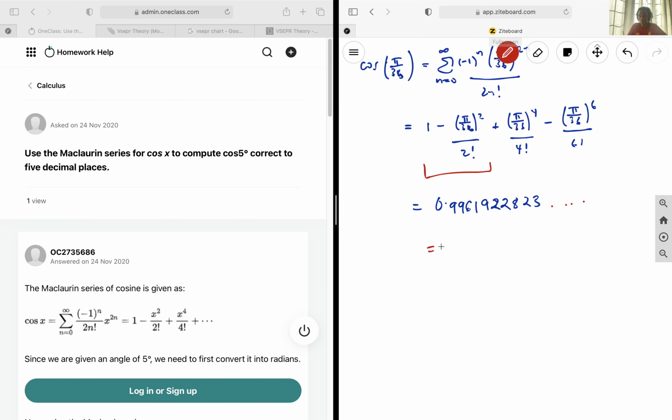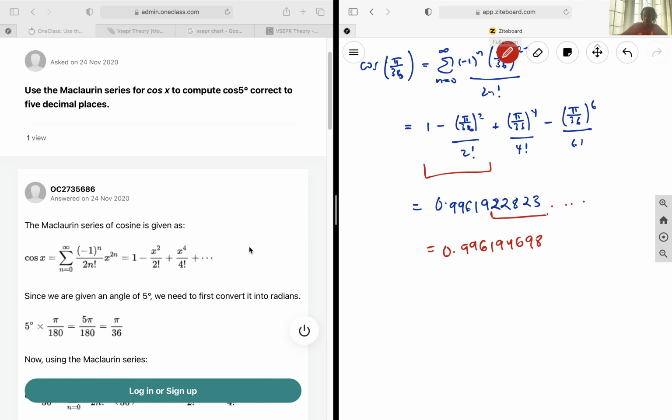And actually, when you plug cos of 5 degrees into your calculator really quickly, you will get 0.996194698. And so we see that it's the same until here, and the reasoning why is because we just made an approximation by getting rid of the rest of the terms that would have made it correct to that point. And so this is going to be your final answer. So it's best to just leave it in the form of 0.99619.